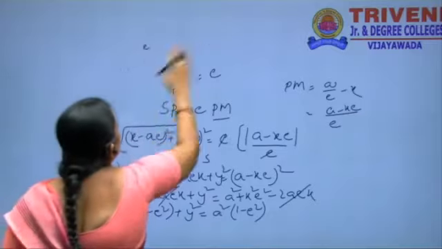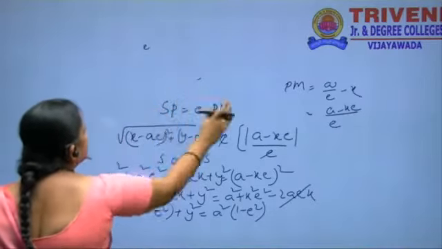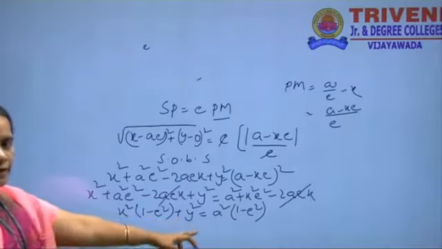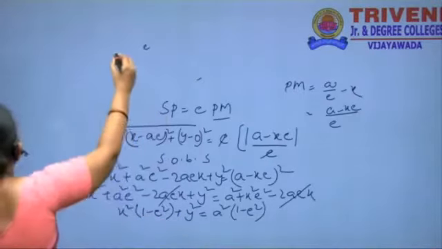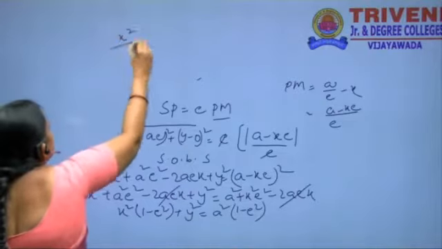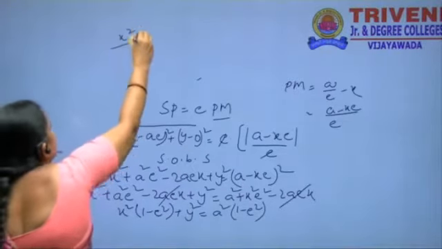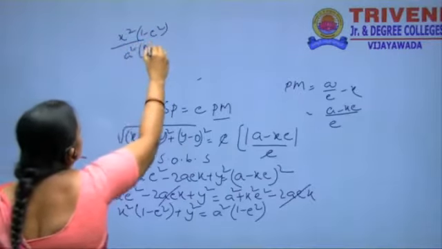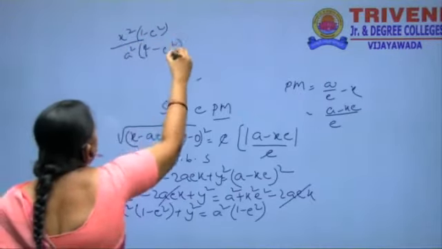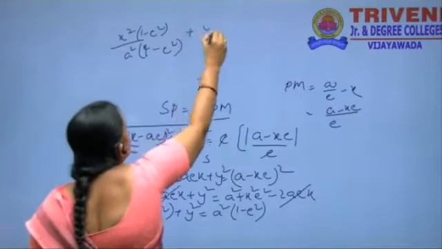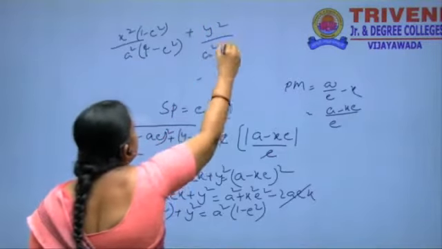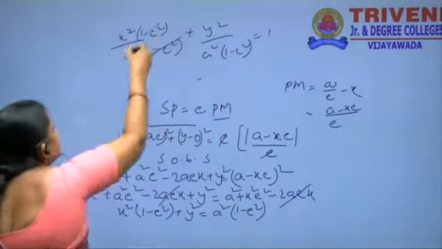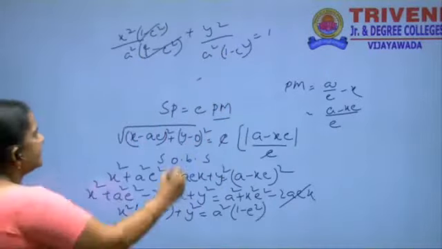Dividing throughout by a square into 1 minus e square, that is x square into 1 minus e square by a square into 1 minus e square plus y square by a square into 1 minus e square, equal to 1. 1 minus e square gets cancelled here.